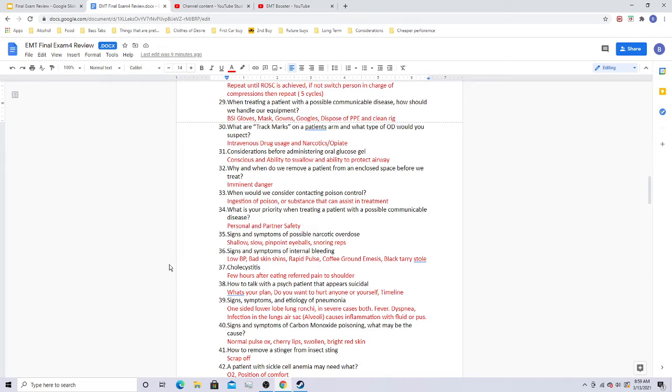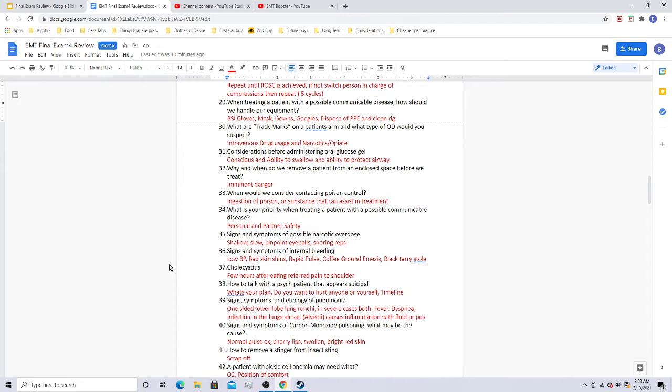Obviously with a GI bleed, you may also see bright red emesis, and bright red stool. You'll also see ecchymosis, which is bruising, rigidity, a lot of that good stuff.